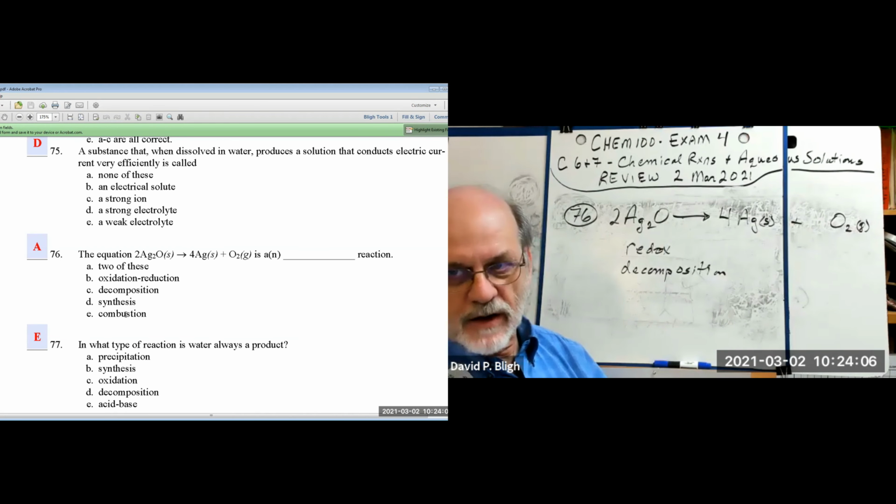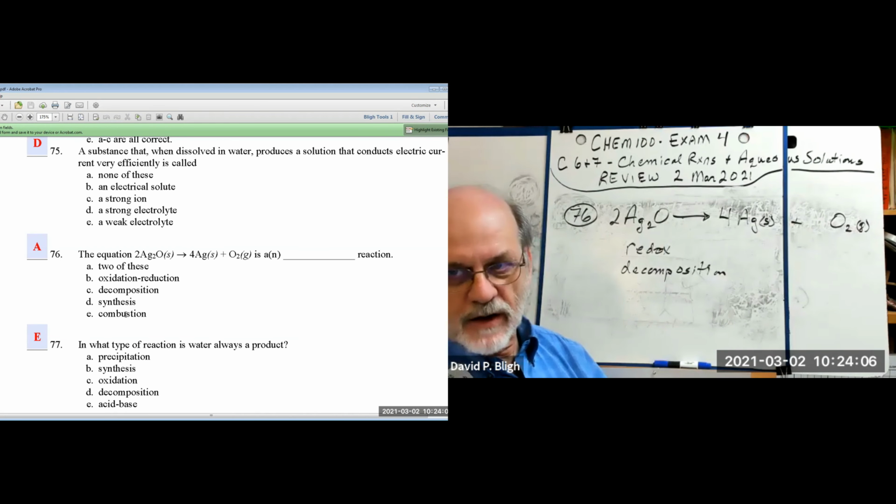Let's skip that one. There's another acid-base. Okay. KBr is soluble. Potassium bromide. Silver nitrate is soluble. Silver combines with the bromine, forms a solid. That's a precipitation. And then what's left over is spectators.